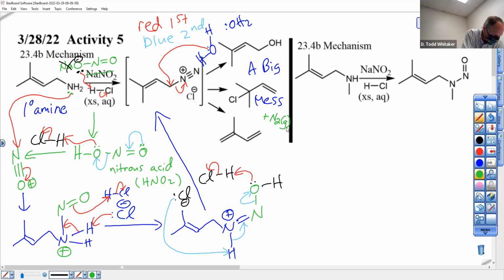And second step, deprotonate the oxonium. And you're done. I guess I'm going to need 2 more copies of that allylic diazonium species. Maybe I can get away with 1.